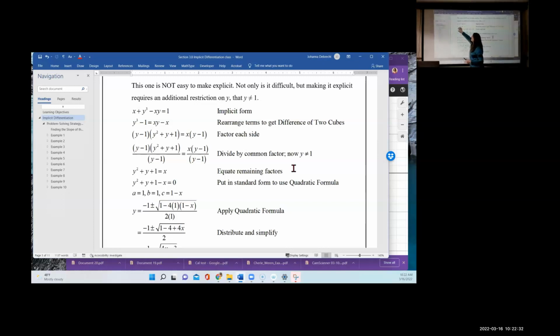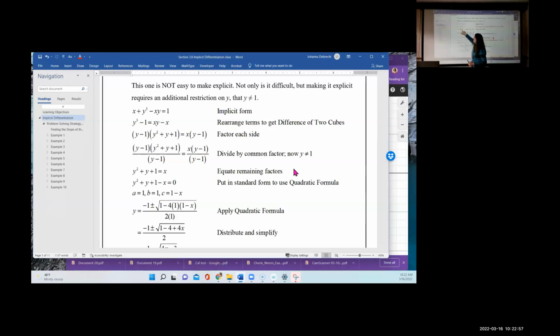So what they did was they isolated the y cubed minus 1, and they moved the xy to the right side with the minus x. Y cubed minus 1 is the difference of two cubes, which does factor. It has a formula: y minus 1, the cube root of y, the cube root of 1, and then you build the quadratic from the binomial.